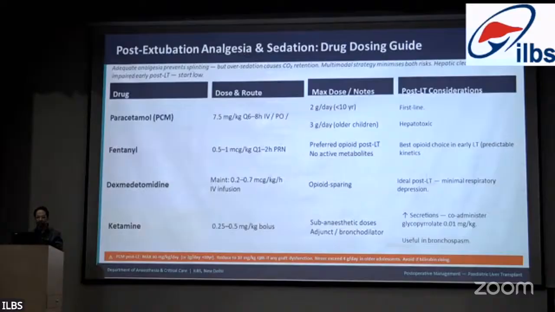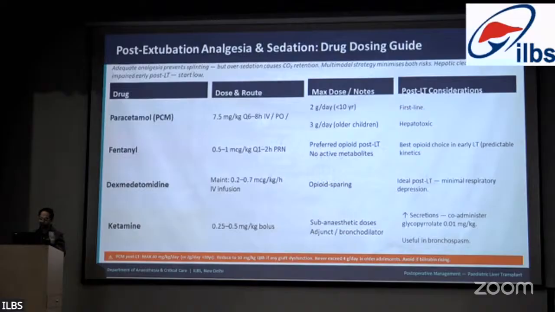And post-extubation, analgesia and sedation should be given. Analgesia, if provided adequately, prevents splinting, but analgesia can cause sedation, which can cause CO2 retention. So a multimodal strategy should be used, which minimizes both risks. Hepatic clearance is impaired post-liver transplant, so whatever is used should be started at a low dose.